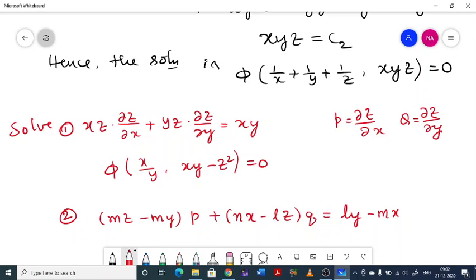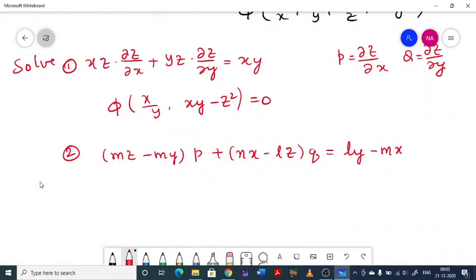Try to solve this one, and let us take one more. Again you can apply separation of variables. So the last one, you can apply separation of variables easily.